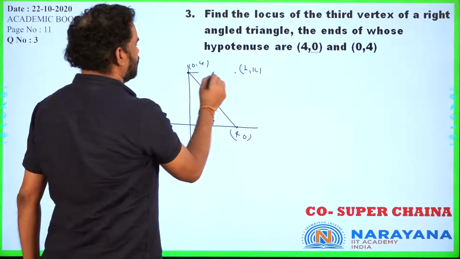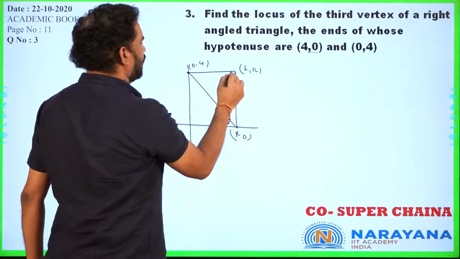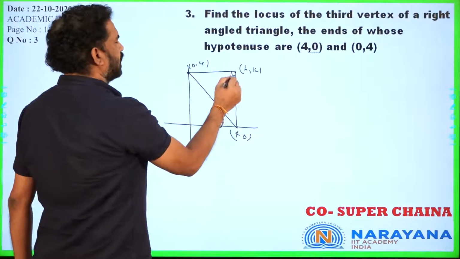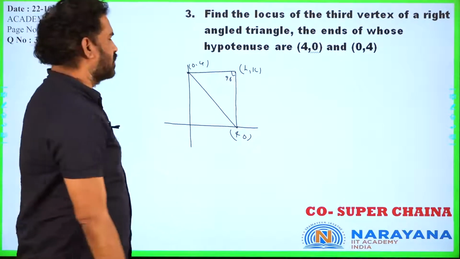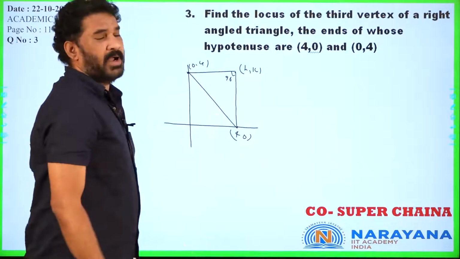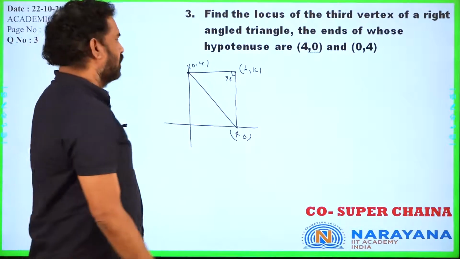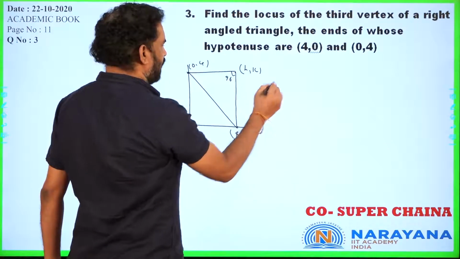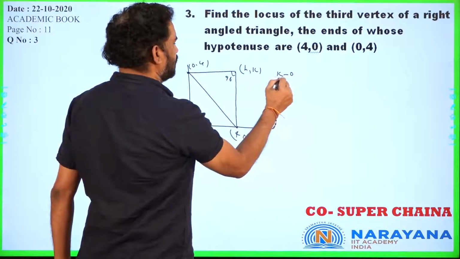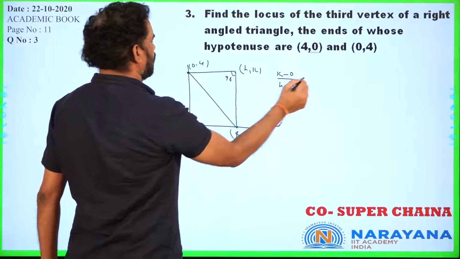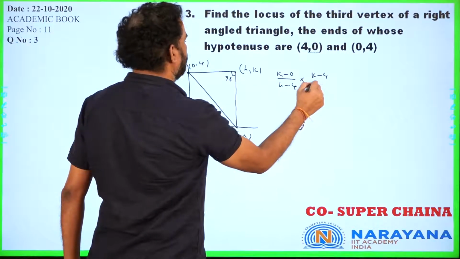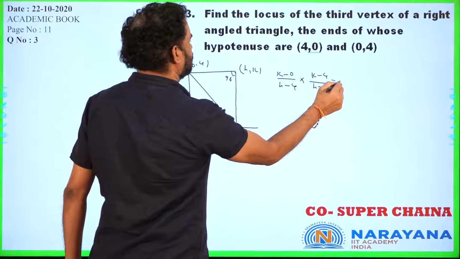Hypotenuse. This is right. It always forms a right angle triangle. So very simple thing: 90 degrees means the product of the slopes equals -1. Otherwise you can use the Pythagoras theorem also. It's no problem. So what is the slope of this line? It is k minus 0 by h minus 4, into the slope of this one, k minus 4 by h minus 0, equals -1.